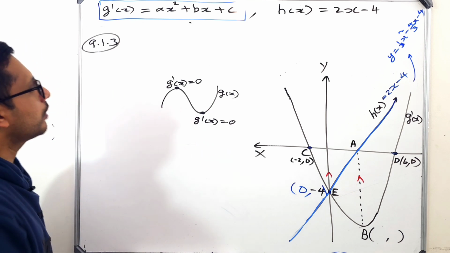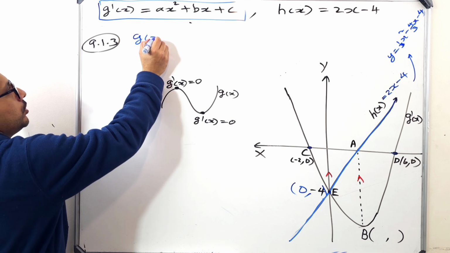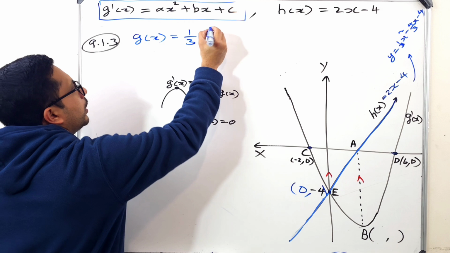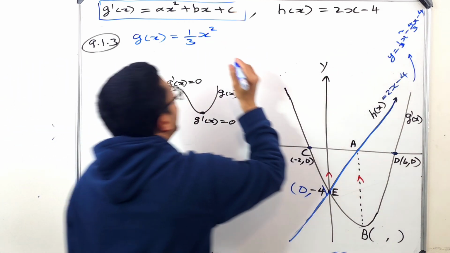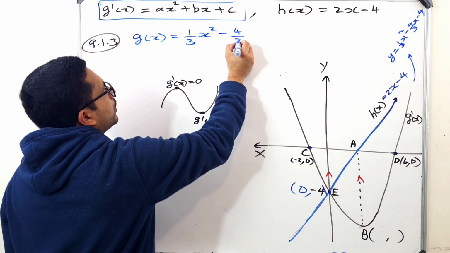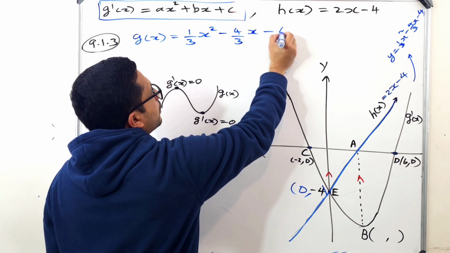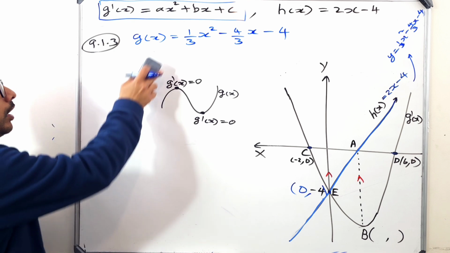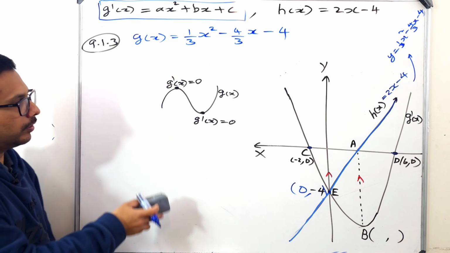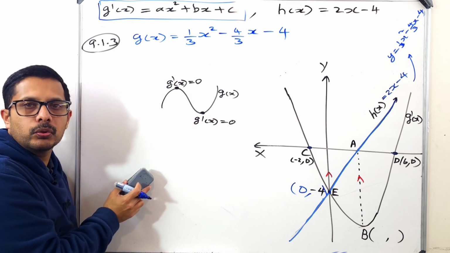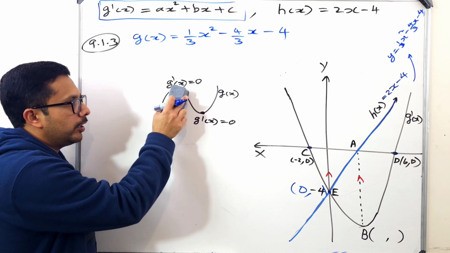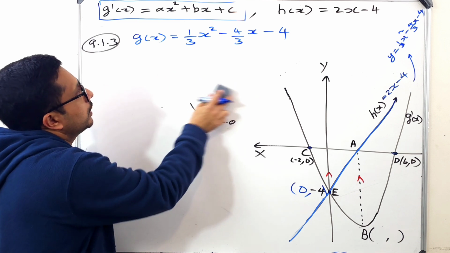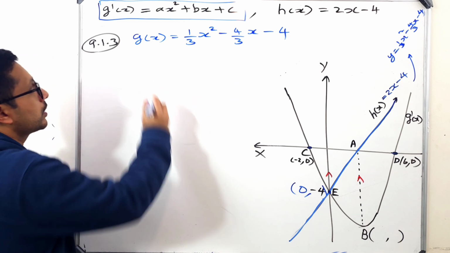Okay, so what is our equation of g of x? Previous question we got 1 over 3 x square, that is why I wrote it here, minus 4 over 3 x minus 4, that is our g dash of x. Okay, so we have to find the x value of the turning point. So here at the turning points we know that the first derivative is equal to 0. Sorry, this is not g of x, this is g dash of x.